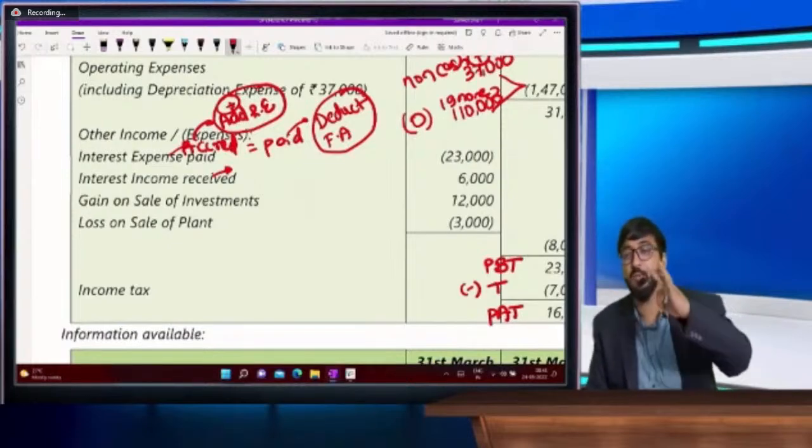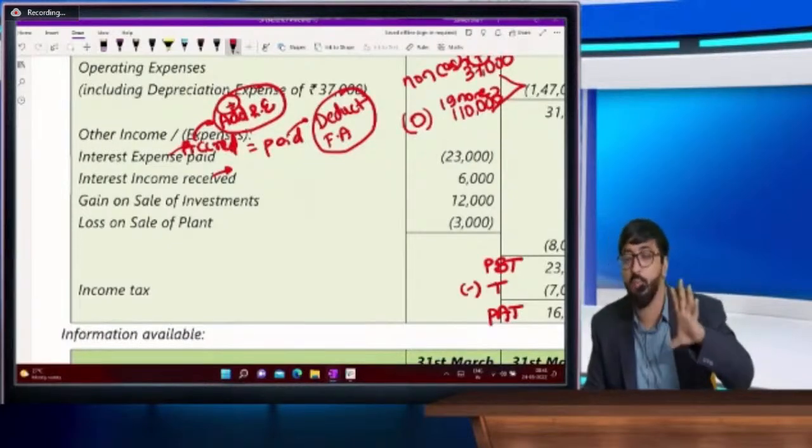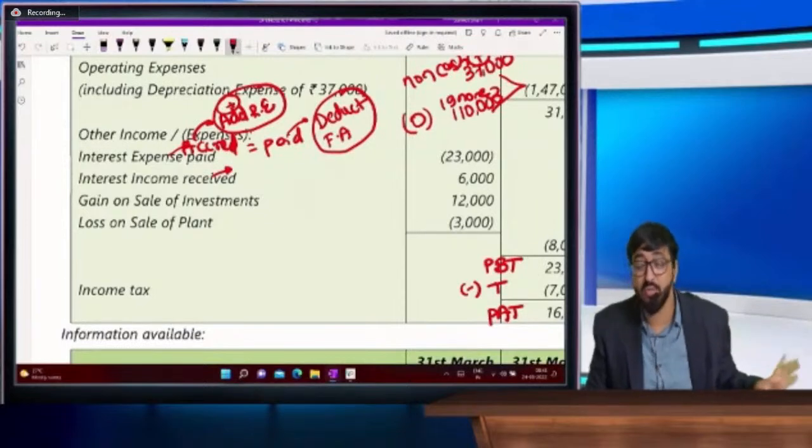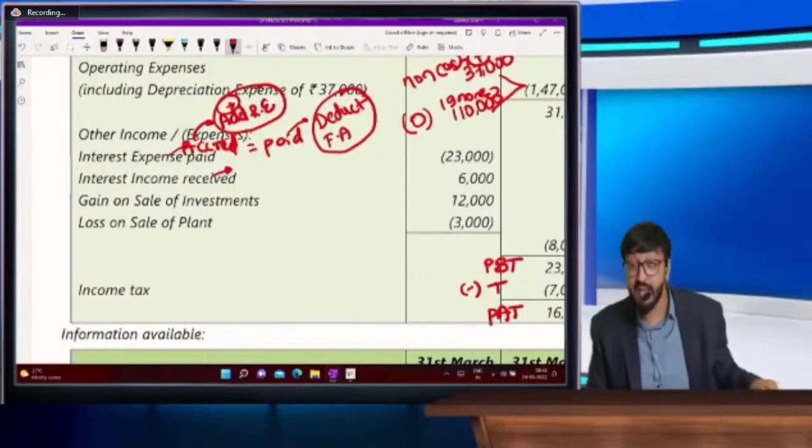Beta, cash flow statement, such a topic will develop your confidence about accounts, will develop your logics, and you will love accounts due to this topic once you got the logic. It's very clear chapter. ICAI has given you hint also.